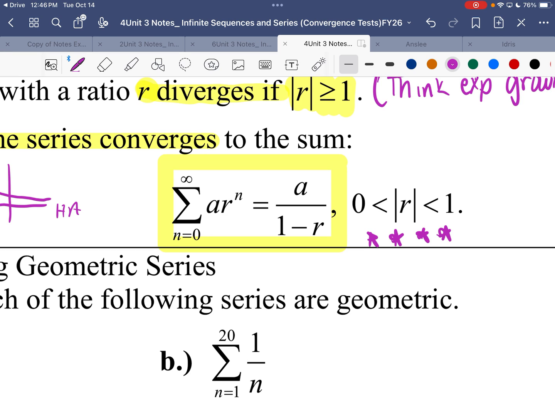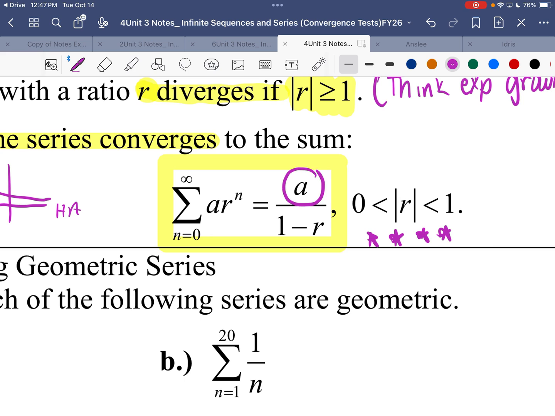Like you could plug in 10 over 1 minus 5 and get a number. That doesn't mean that number means anything if the series is diverging, right? A lot of times people say, but I used the sum formula, Ms. Russell, and I got 10. And I'm like, cool, that didn't mean anything. It was diverging. You cannot use the sum formula if it's diverging. It doesn't sum, it diverges. So we only can do this when it's converging.